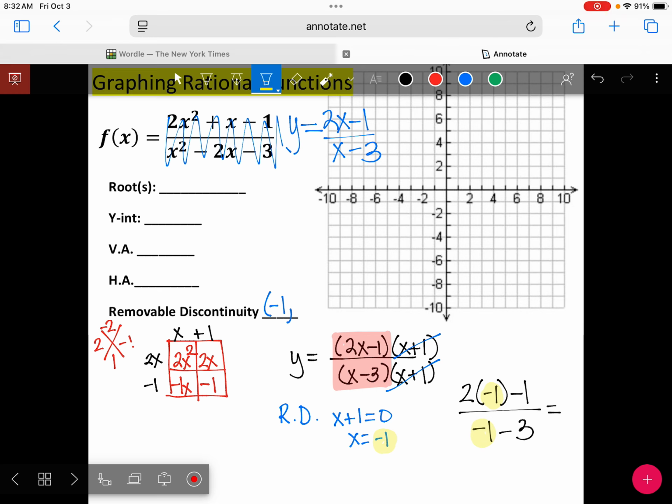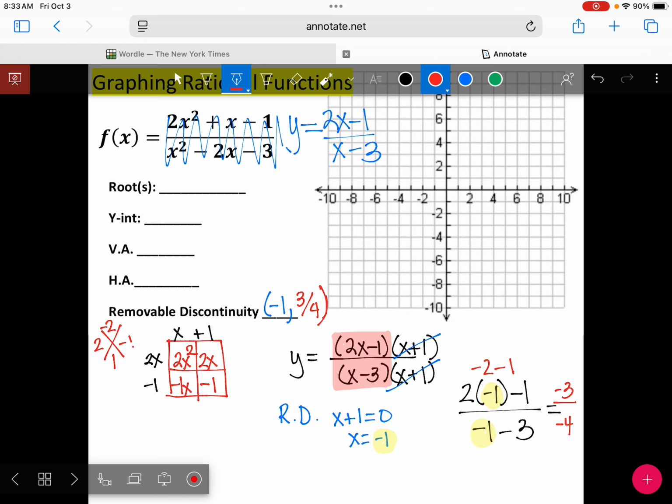So who got 3/4 or 0.75? Because this would be -2 minus 1, which is -3, and this is -4. So this is going to be approximately +3/4.